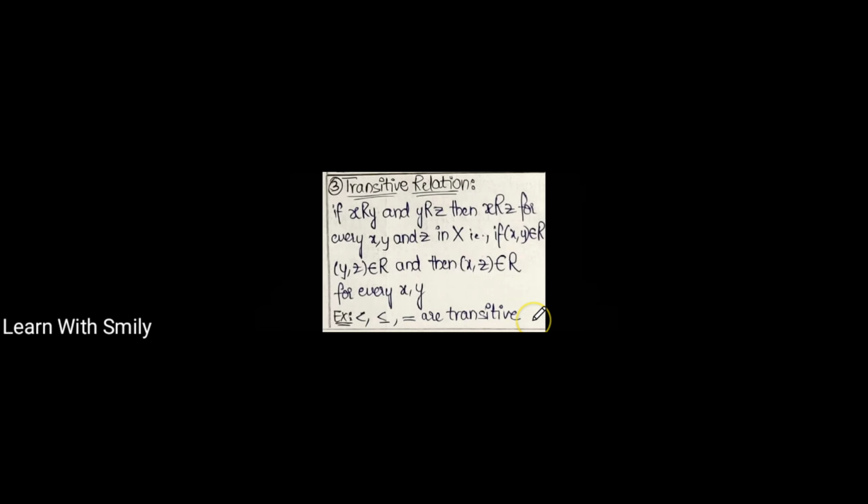Okay, now coming to transitive relation. In this relation we are taking three elements in a particular set X. So here X is a set and x, y, z are the elements. These are the elements we are taking and this is the set containing them. Now if x relation y and y relation z, then x relation z.